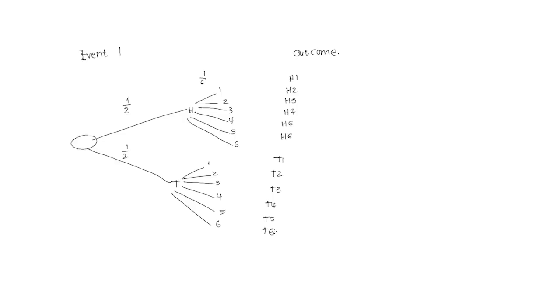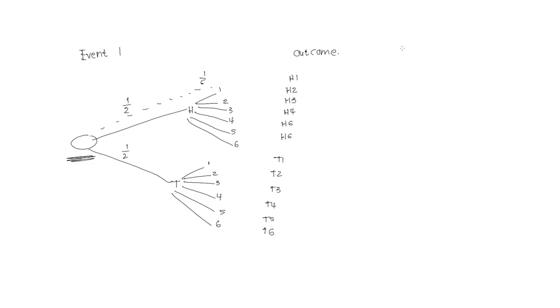Now, in order to obtain the probability of any path on the diagram, we simply multiply the probabilities on the branches, starting at the origin of the branch and tracing the path along the branch to the last part of the branch.